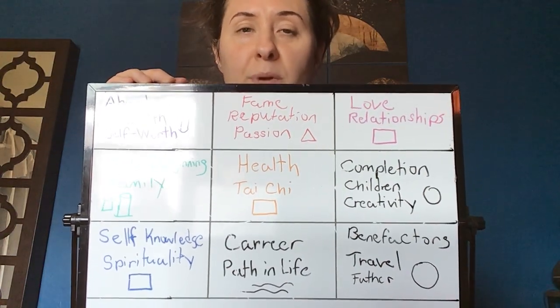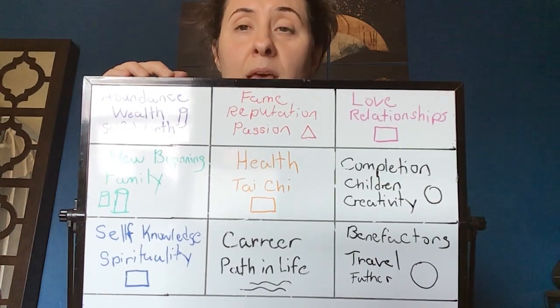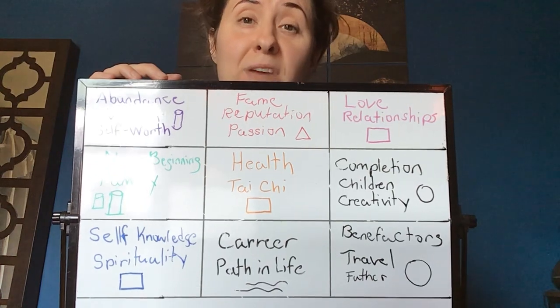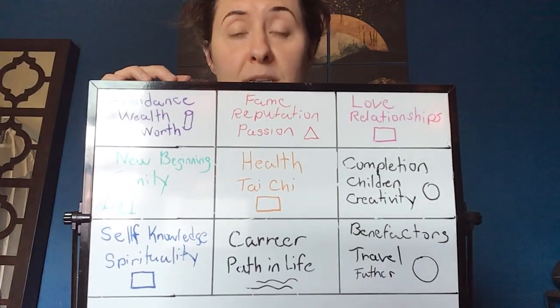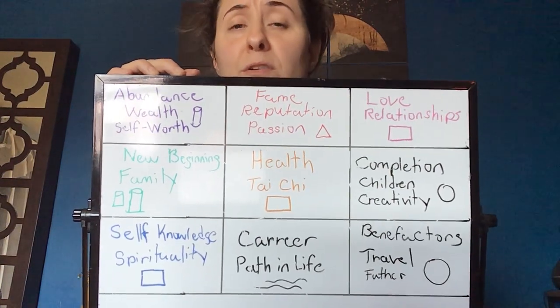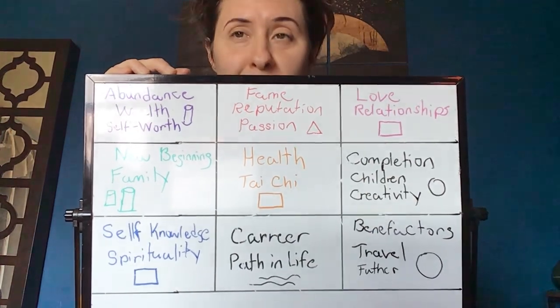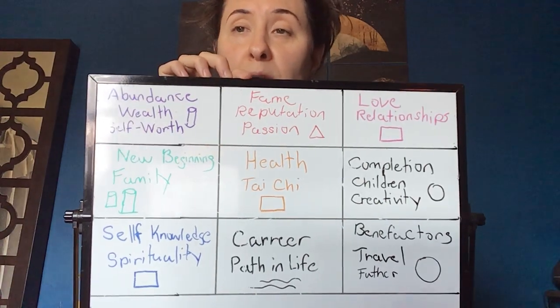And so these are different ways that you can represent fame and passion in your life. So this is a great area to activate if you're wanting more visibility in the world. Maybe you're trying to grow and expand your business, or you want to activate more passion in your life, or be connected more to what lights you up. So this is a great area to work with.